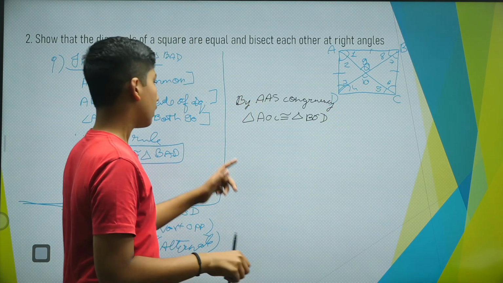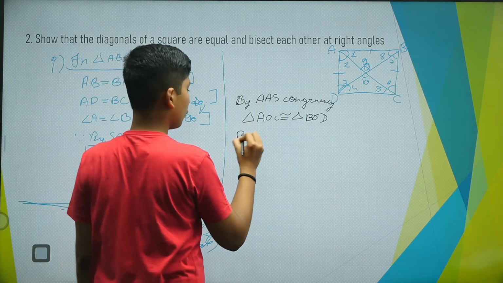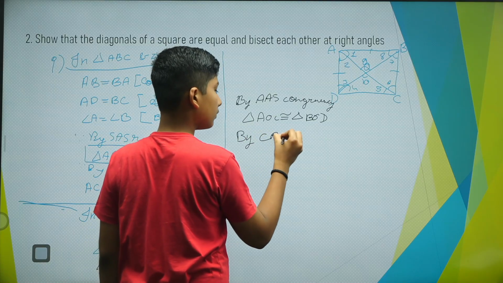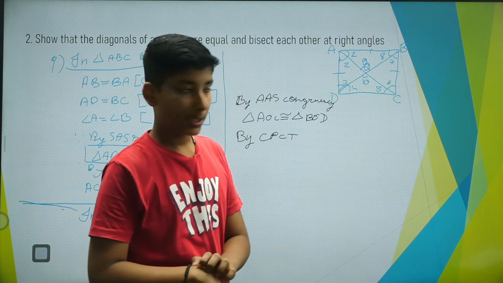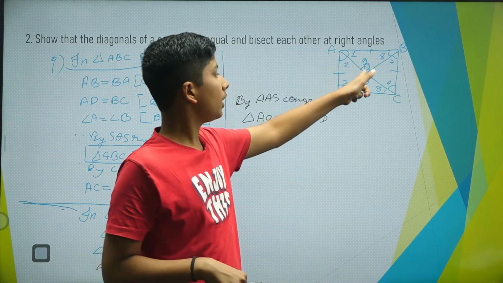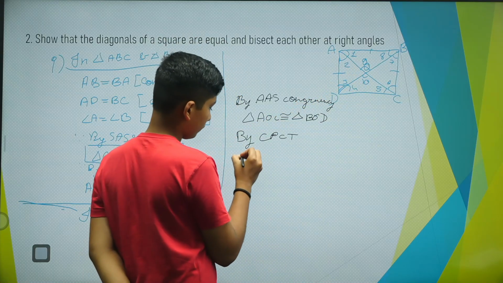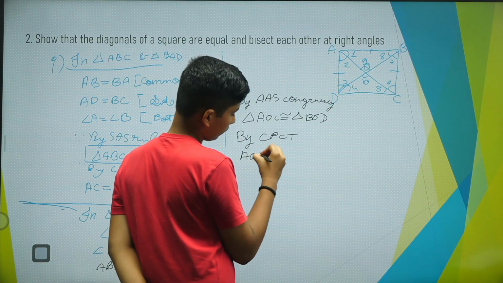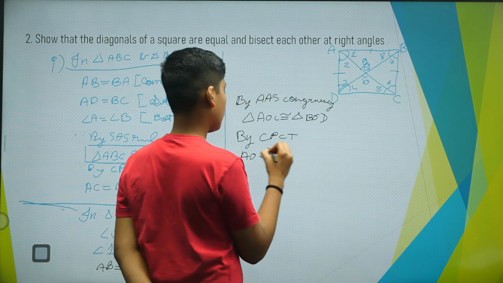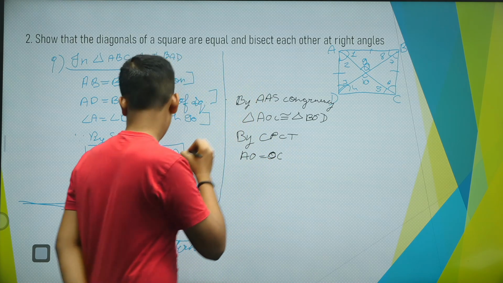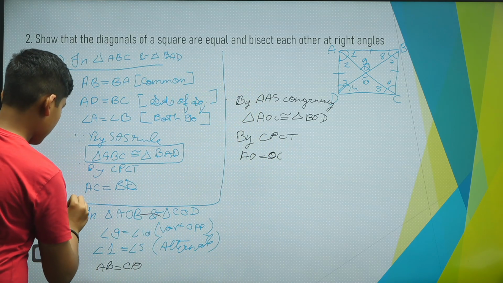Yes. Now we will have to do by CPCT. What can we prove by CPCT? The second one. Bisect means AO equals OC. OC. And here we'll write second.